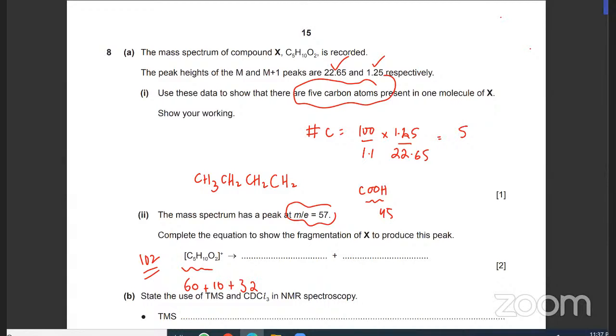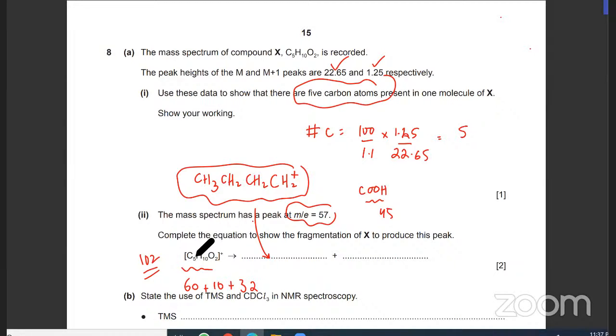Okay, Ajay, so that is 57, right? So this is this part. What is left? You just subtract, and always put a positive charge when you're trying to figure out what your fragment is. So it was just trial and error. The other part, subtract these atoms from this molecule.